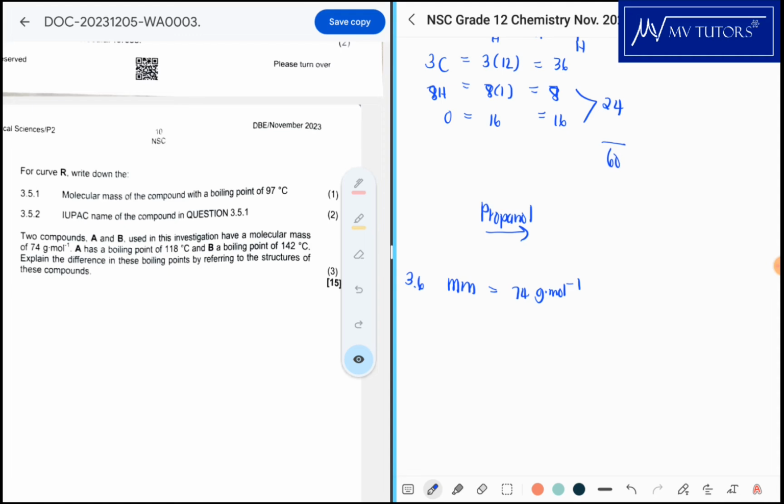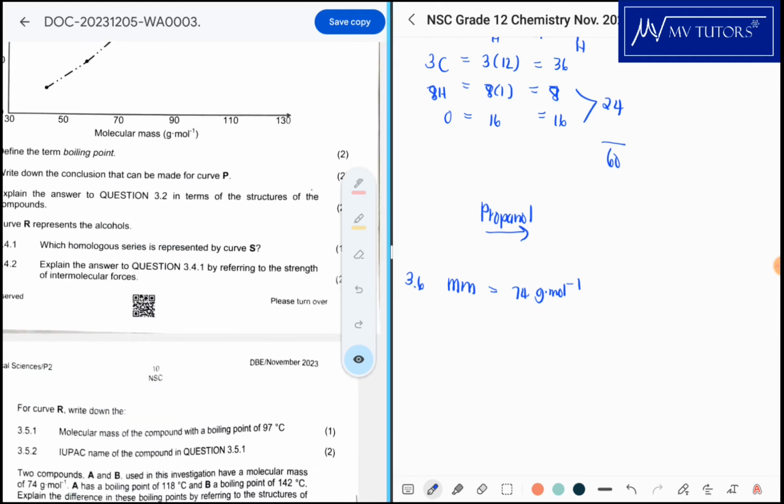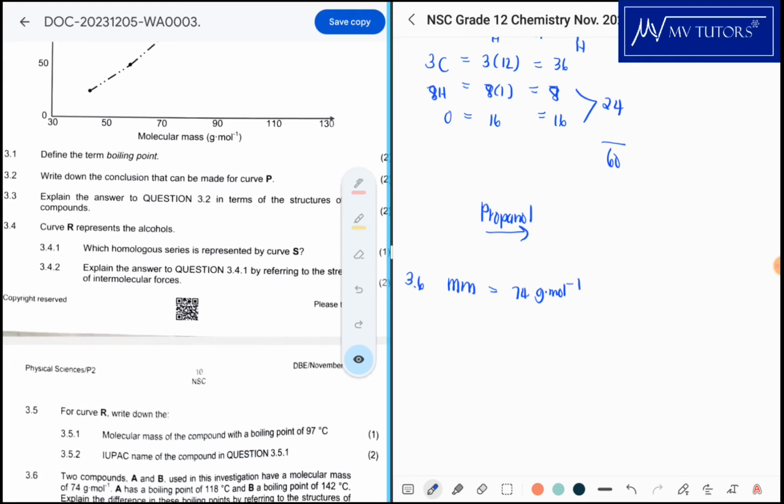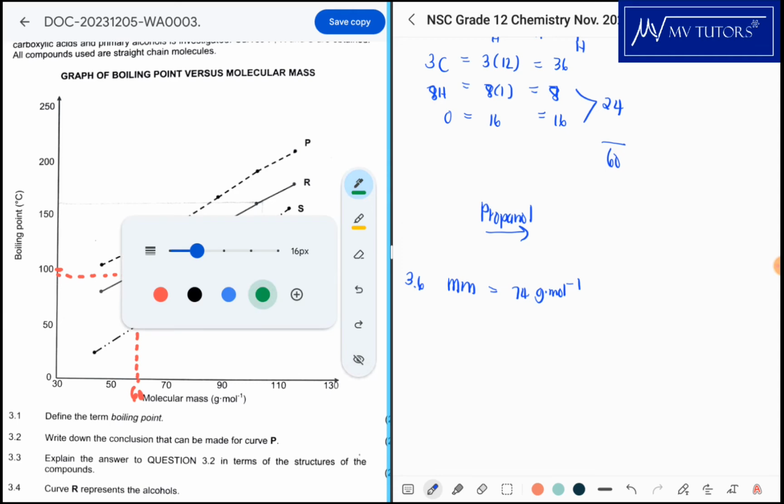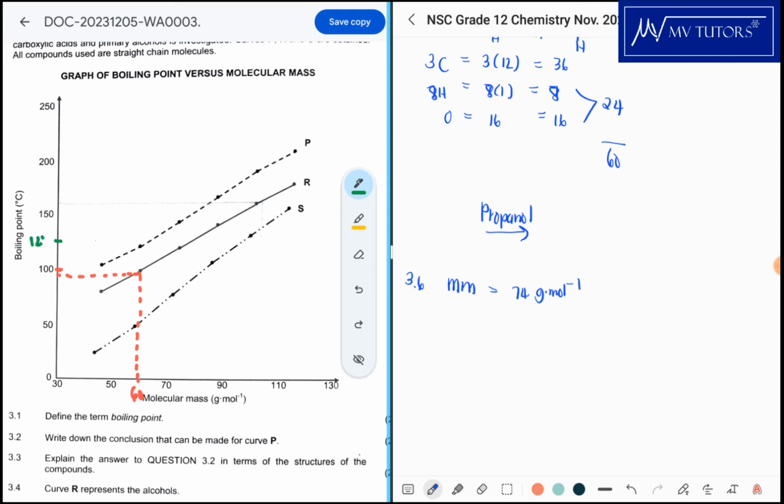All right, so I think this question is not really direct, but since they said in this investigation, I'm tempted to go to the graph and check the boiling points of 118 and 142. So for 118, probably somewhere there, and then we have 74, remember? So this is 80, so 74, probably somewhere there.